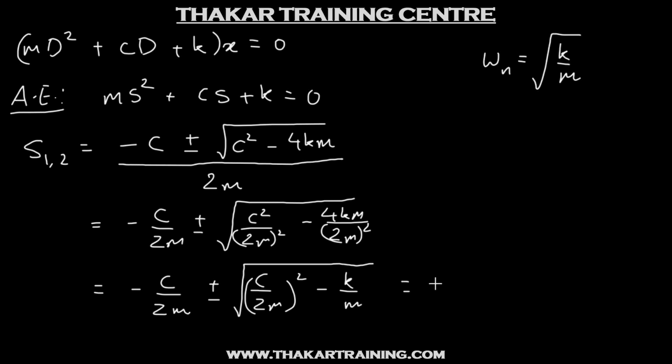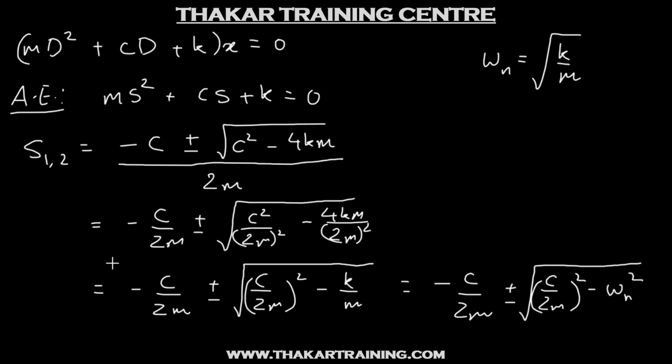Thus the roots are minus c by 2m plus or minus the square root of (c by 2m) the whole square minus omega n square. Mathematically speaking, the differential equation is solved. Depending on the value under the square root, we will end up with either real roots or complex roots, and then accordingly we will have the solution.